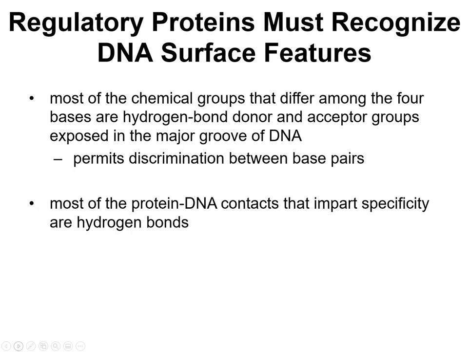So the existence of these exposed major grooves in DNA permits discrimination between base pairs. So most of the protein DNA contacts have some kind of specificity with hydrogen bonding to detect different pairs like AT versus GC.